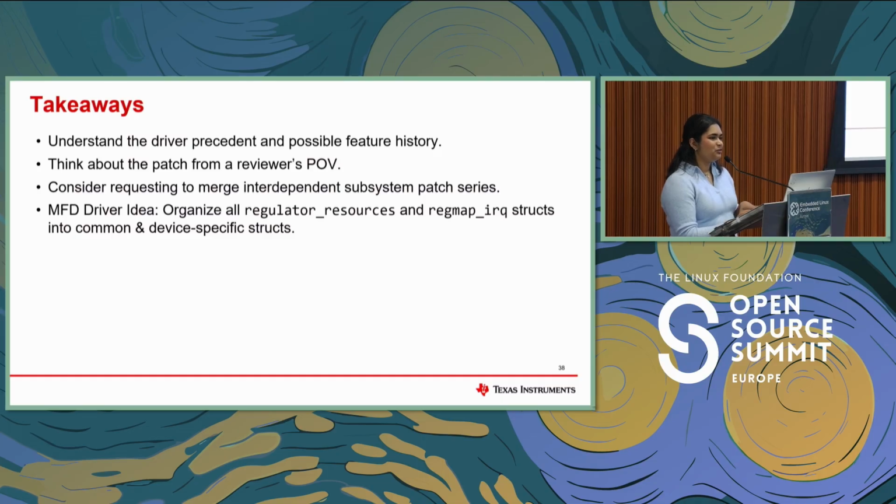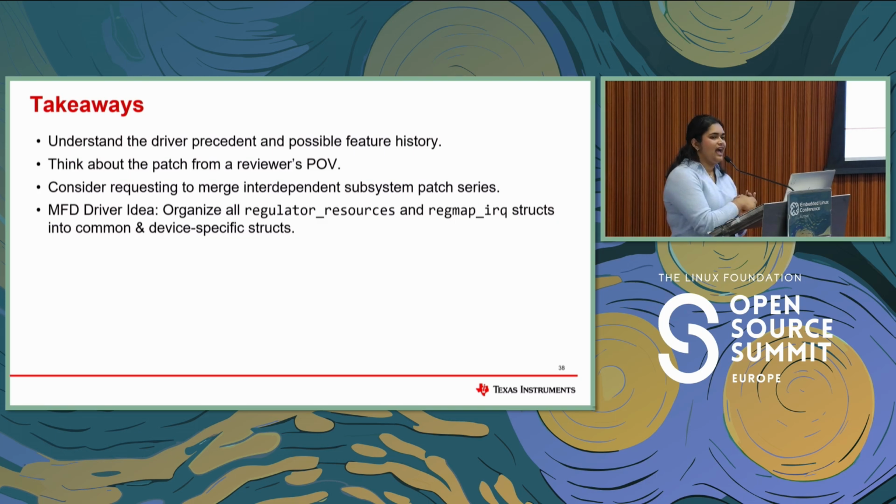And to help with the timeline, I wish in hindsight I had submitted it in one series and asked for an immutable branch to be created. And that is something that I'm going to use when planning in the future.